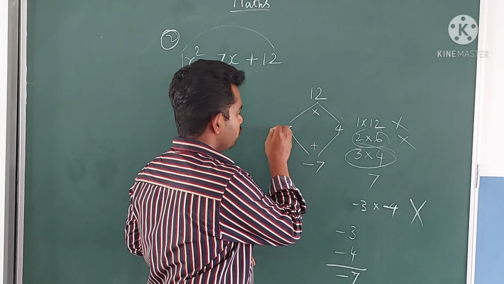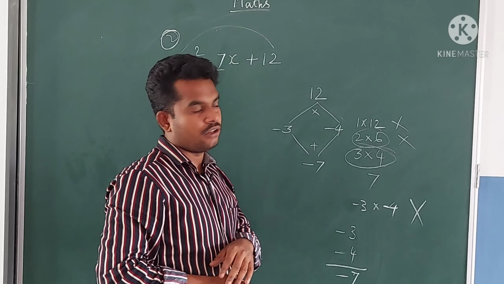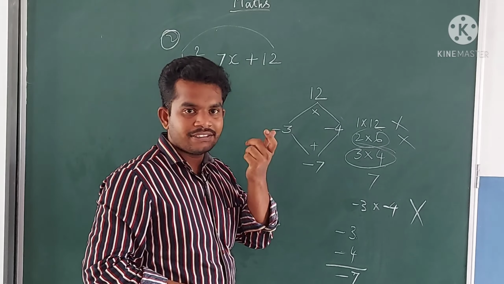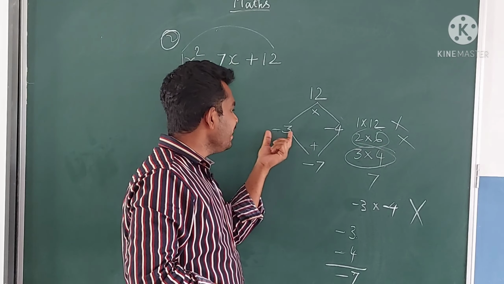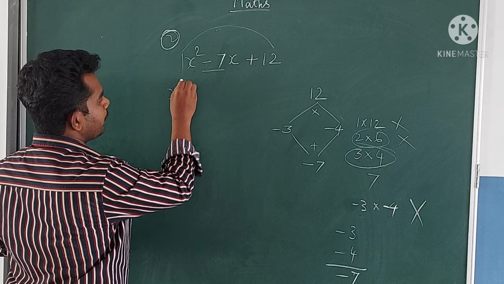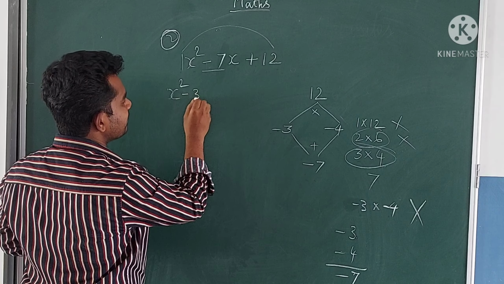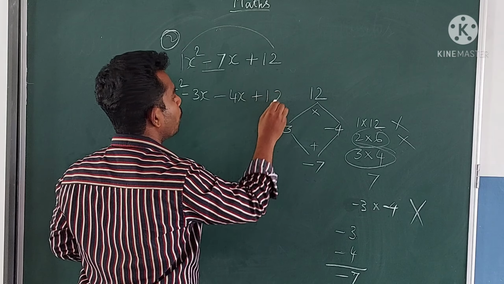So here also minus, here also minus, then only you will get minus 7. So in this sum the factor signs are the same. So minus 3, minus 4. So x square minus 3x minus 4x plus 12.